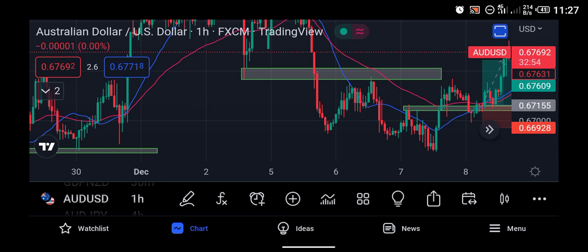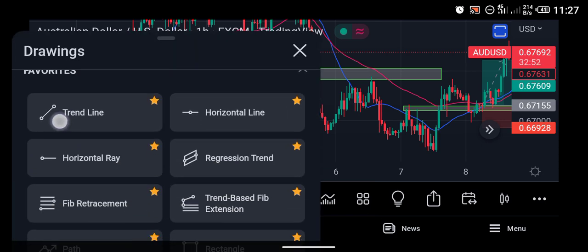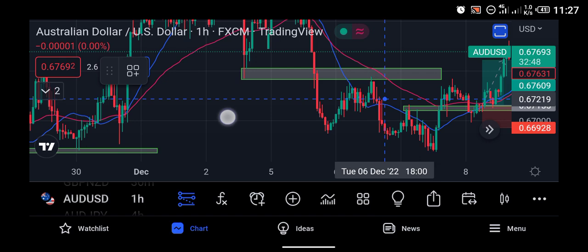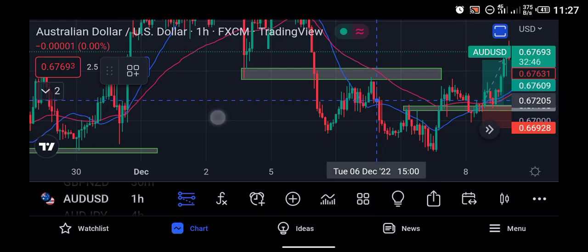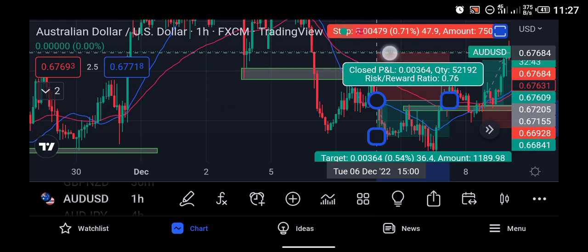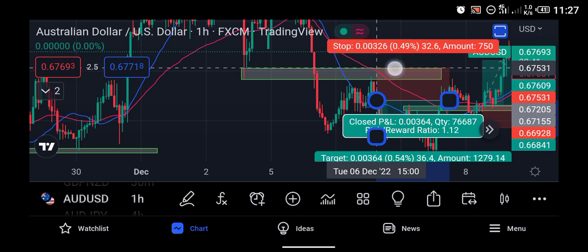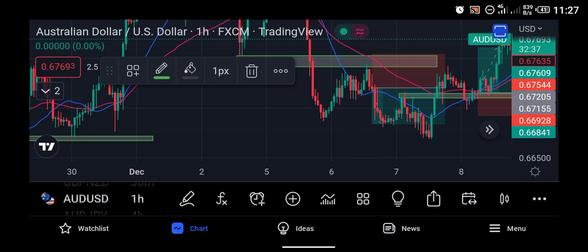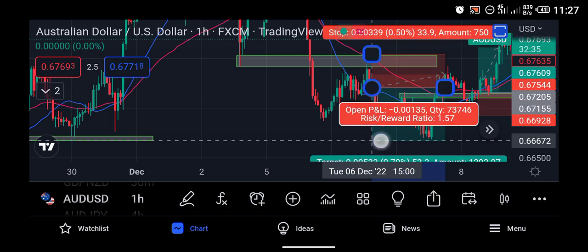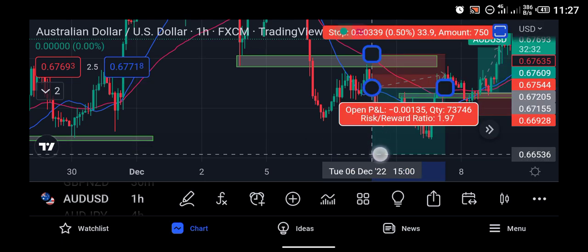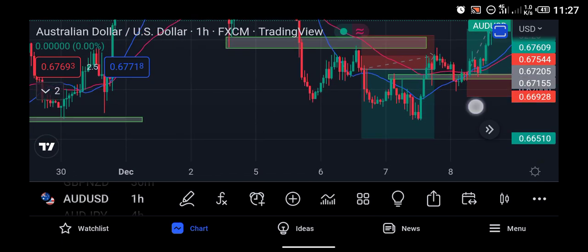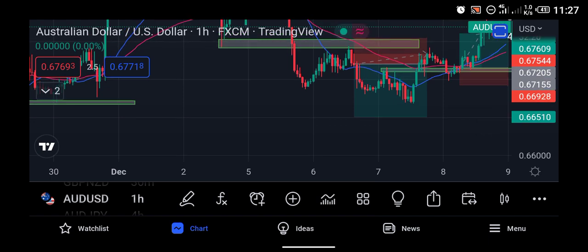You take your position size, you take a sell trade at this point, stop loss above the wick, and you go for your 1 to 2 risk to reward. But as you can see, unfortunately, this trade would have been stopped out for a breakeven.